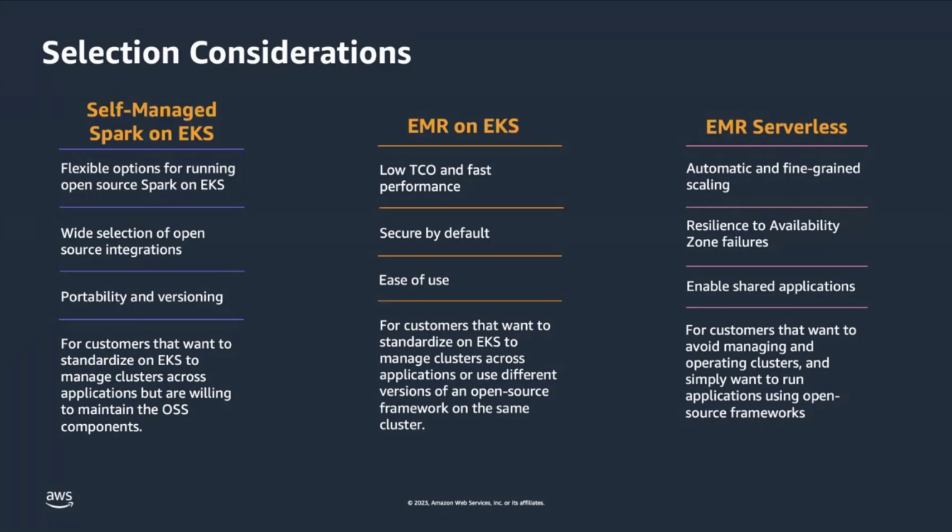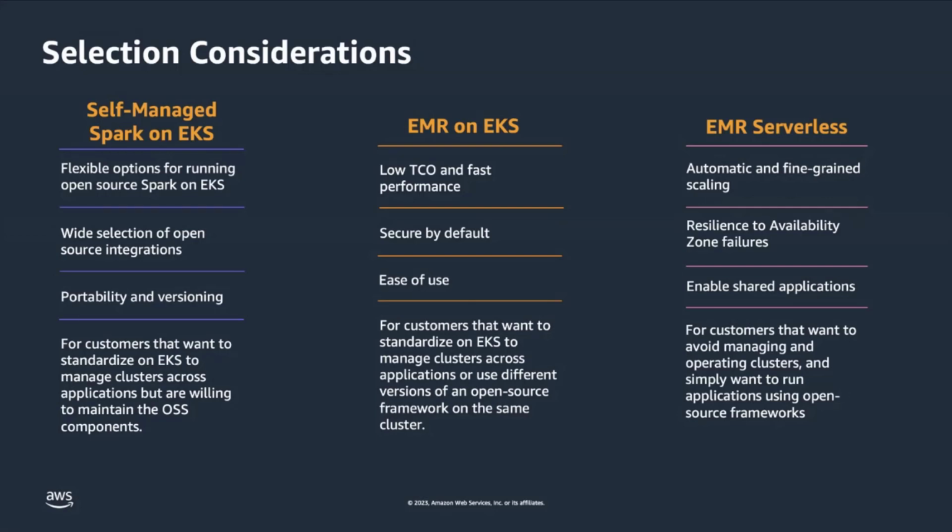This is really for customers that want to standardize on EKS, but are willing to maintain the open source components. And then the option we talked about previously, EMR on EKS, which offers a low TCO and fast performance. It's secure by default and easy to use.